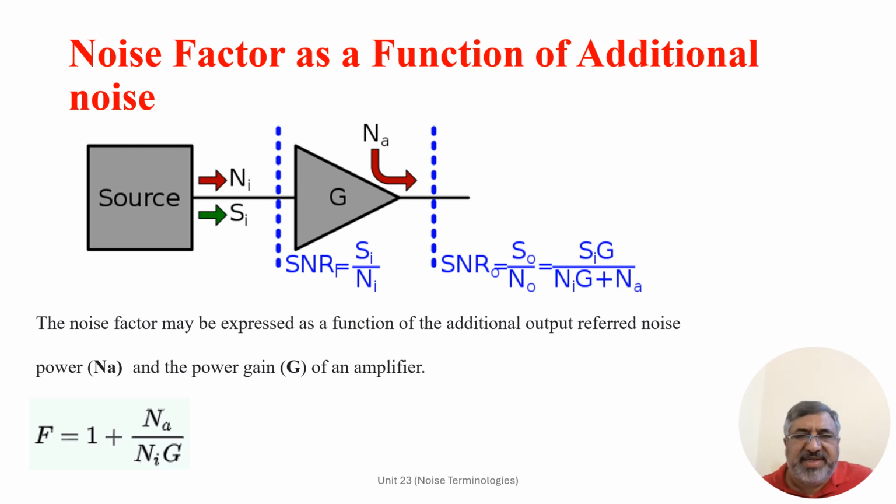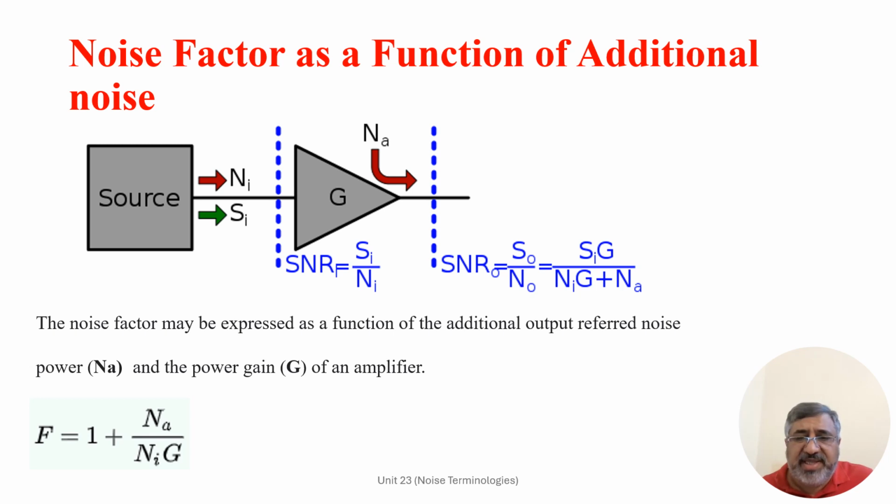In this figure, it clearly shows that this NI is generated from the previous system given to the amplifier. The amplifier amplifies, and the output is S naught and N naught, which is equal to SI times G, where G is the gain of the amplifier, and NI times G plus NA. Here you will see that both the source SI and NI are gained due to the amplifier, and NA is further added.